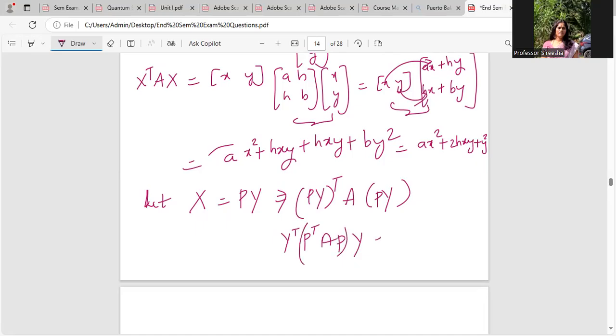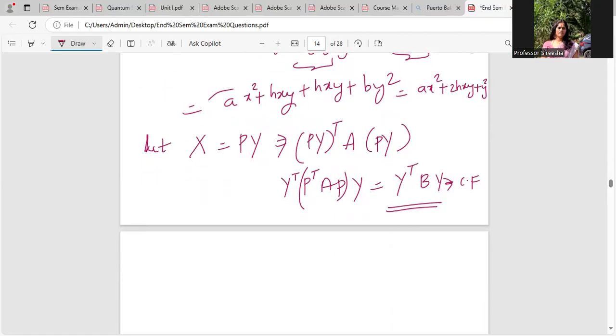Okay. So this would be Y transpose, I can call P transpose AP to be some B into Y. This is the linear transformation, and this would be called canonical form, provided B is a diagonal matrix.